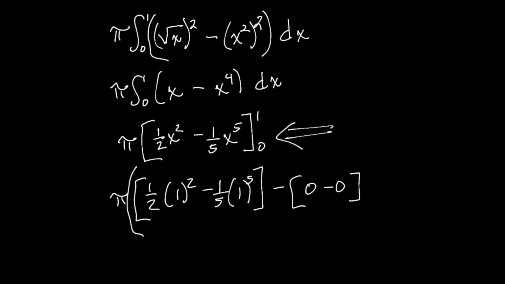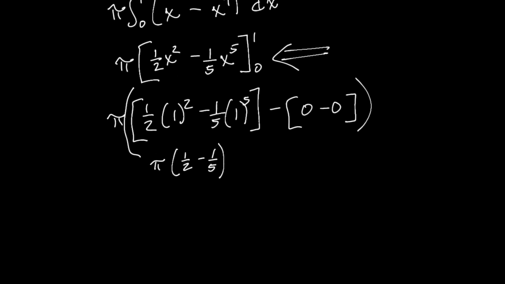I think we all recognize that. So here I'd have 1/2 times 1 and 1/5 times 1. So that would give me pi times 1/2 minus 1/5. And that would give me what?